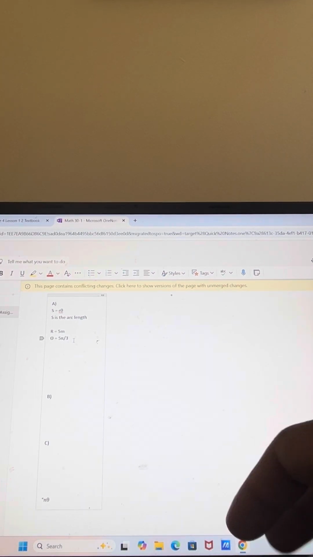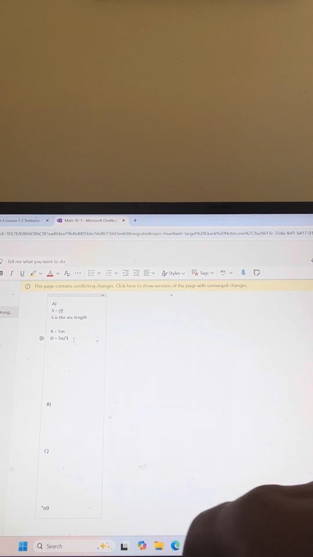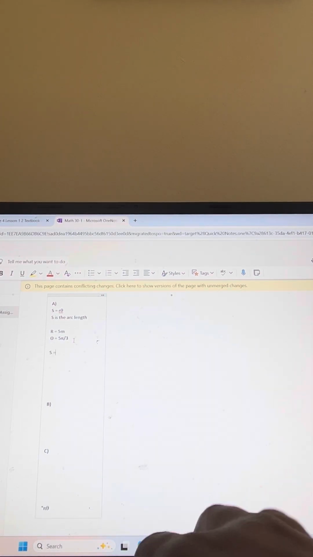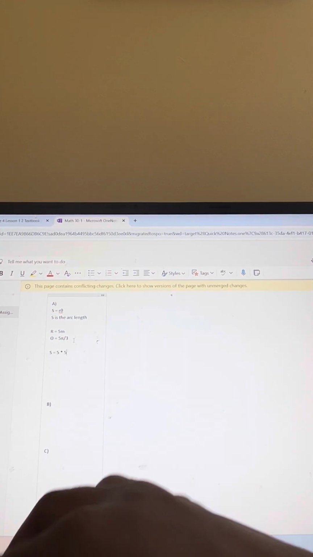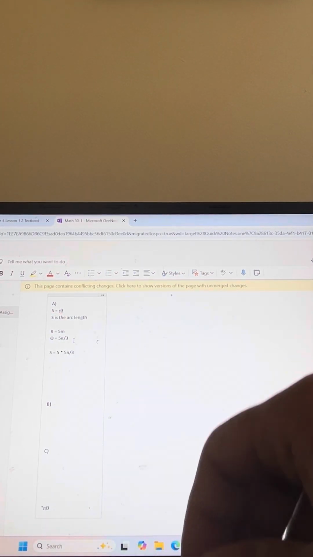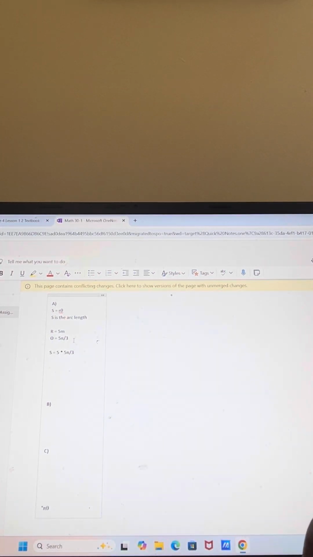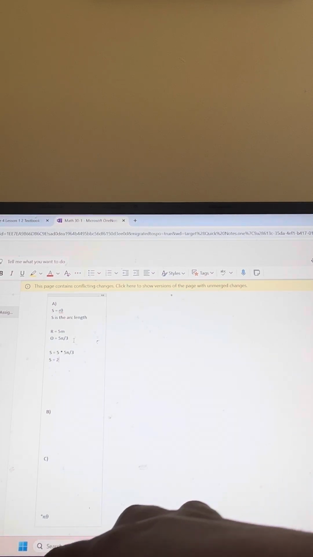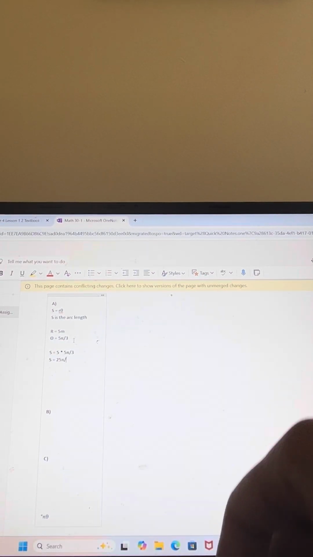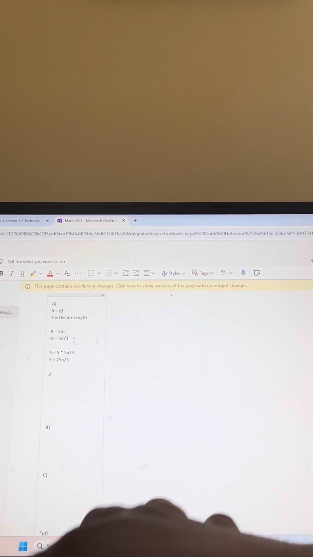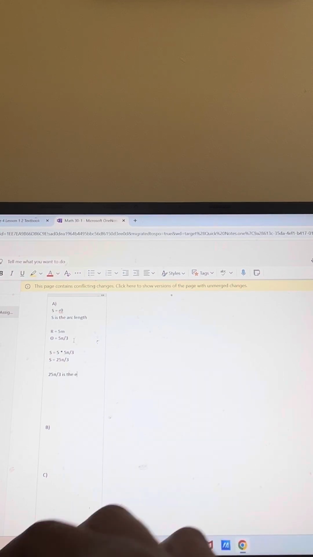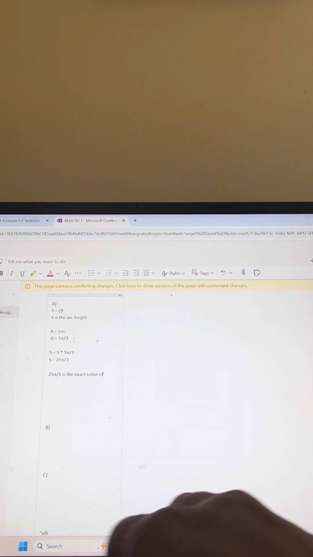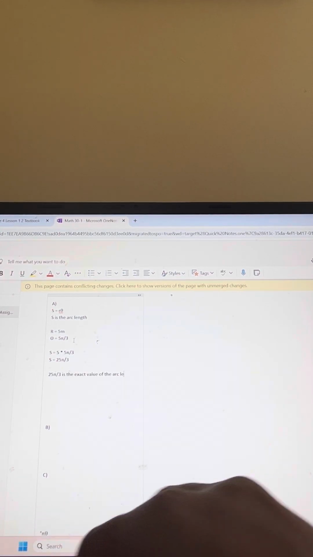So using what we have now, we just have to substitute it, and S is equal to 5 times 5 pi over 3. And this is going to give us 25 pi over 3. So 25 pi over 3 is the exact value of the arc length.